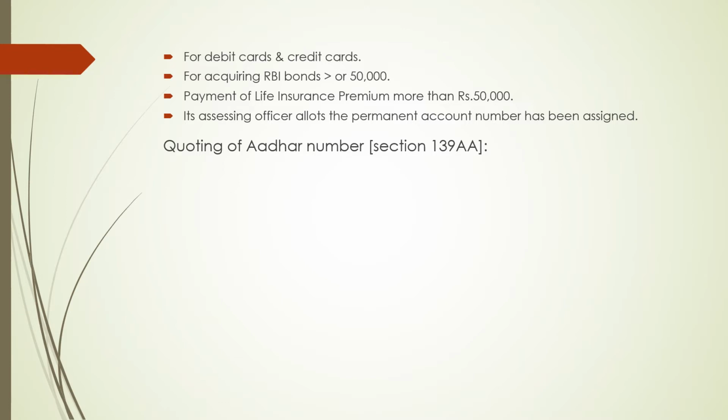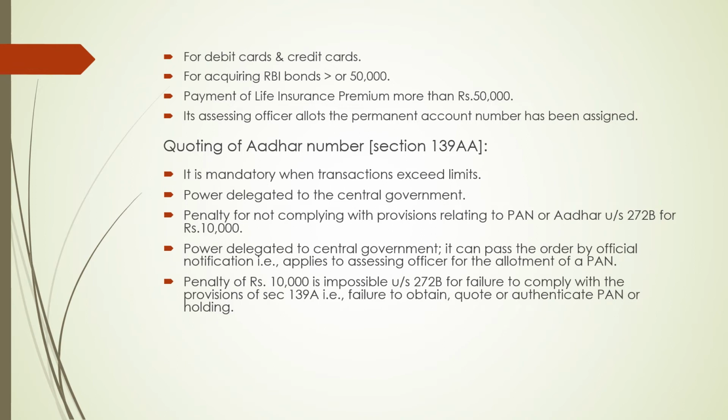Now come to the Aadhaar number. First, it is mandatory when a transaction exceeds limits, similar to the PAN card; this also applies to the Aadhaar card. Then, power is delegated to the central government.